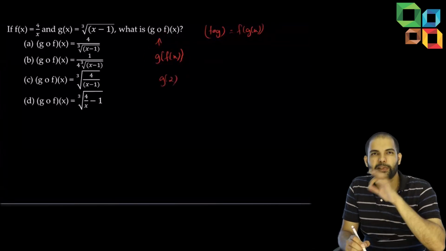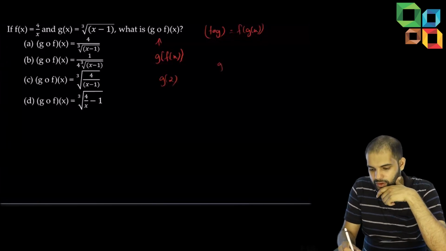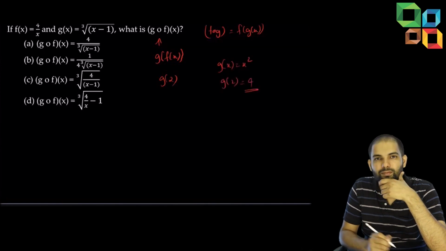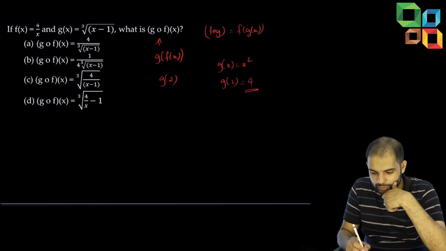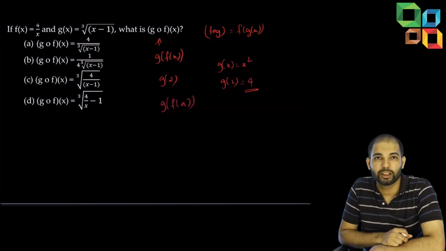What you do is, in place of x, you put 2. That's all you do. Suppose I give you g of x is x square and ask you what is g of 2. You say g of 2 is 4. Now what are they asking you? Instead of x, put f of x. That's all they ask.